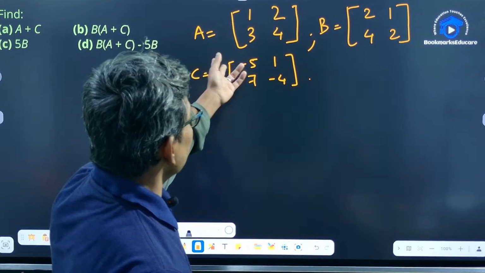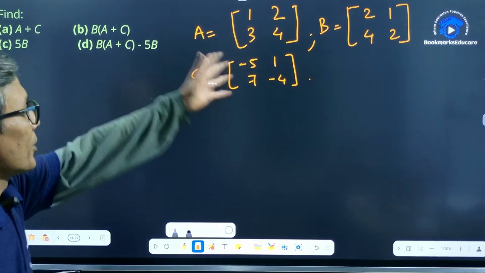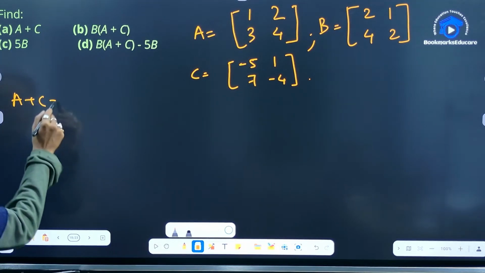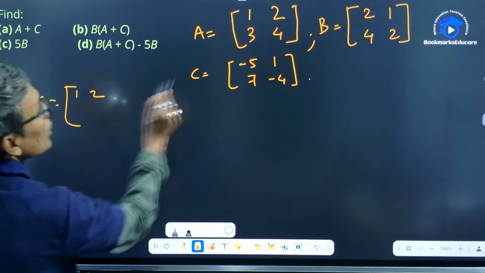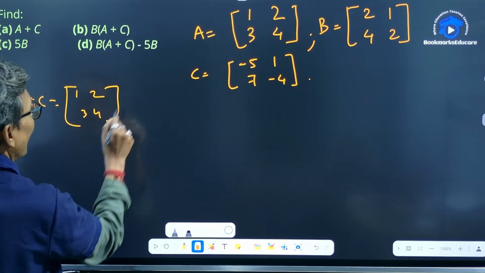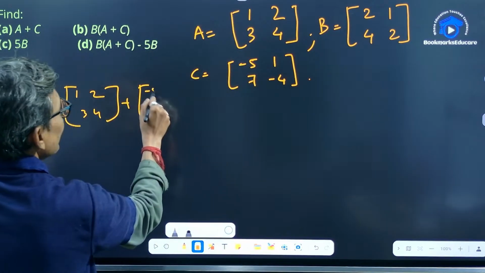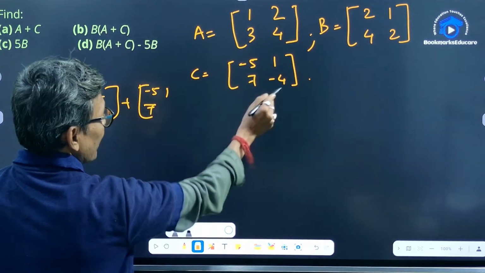Okay, now a matrix question. Three matrices are given, A, B and C. Now we have to find A plus C. So A plus C: A matrix is 1 2 3 4 plus C matrix, which is -5 1, -5 1 7 -4.